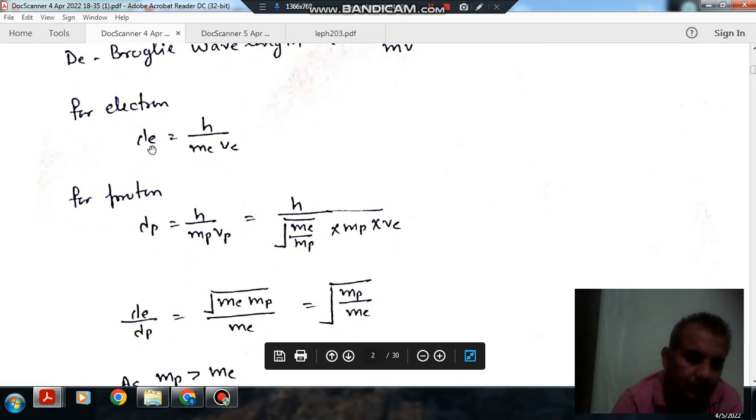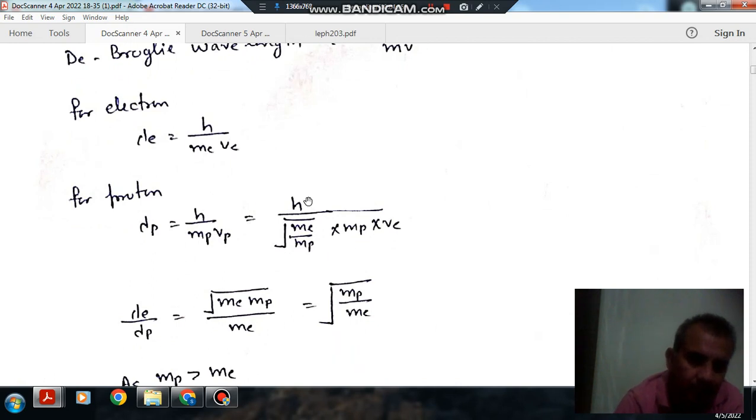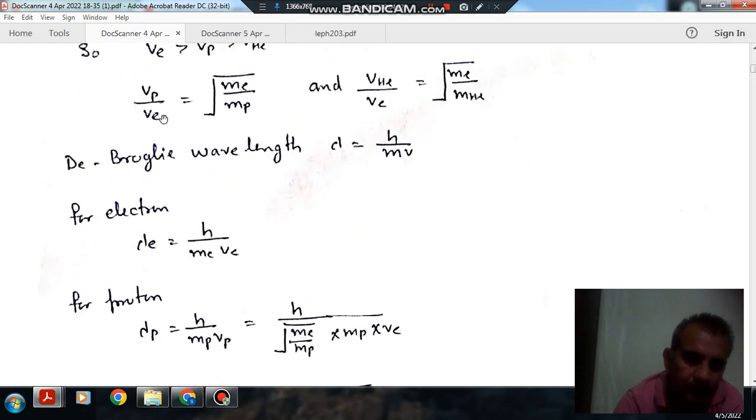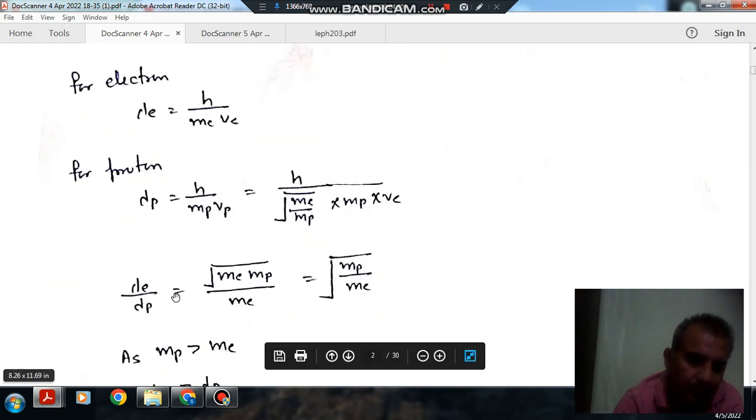Lambda e by lambda p, if we put vp as ve root of me by mp, gives lambda e by lambda p equal to root of mp by me.